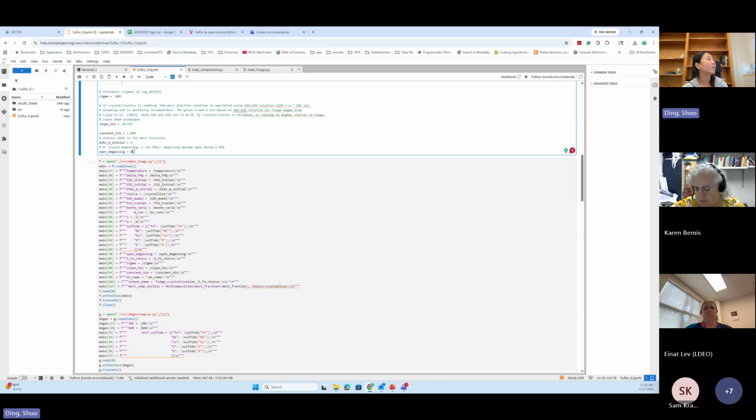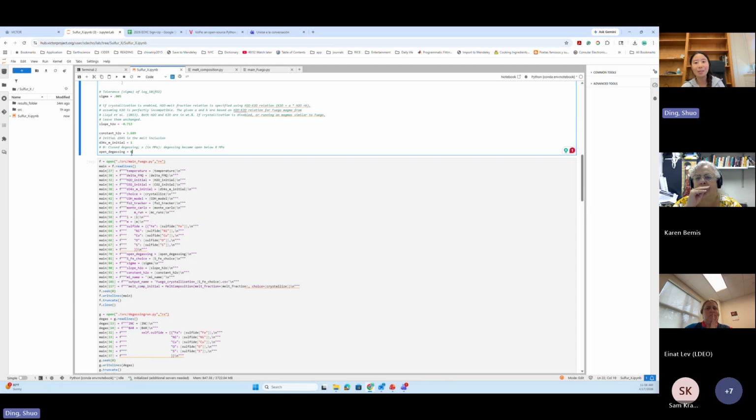Okay, and then here is another new function compared to the 2023 paper. It was only for closed degassing before, but now we can also do open degassing. This input is required for the pressure at which you want to start open degassing, because sometimes the degassing can remain closed until the magma ascends to a certain level and then become open degassing.